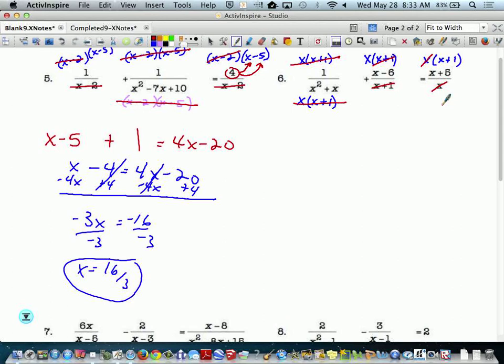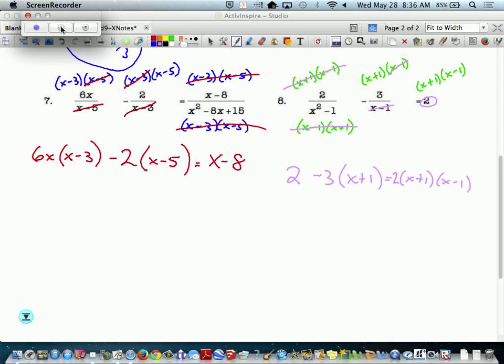So to solve this one, you're doing 1 plus x times x minus 6 equals x plus 1 times x plus 5. So I'm going to leave it there. You can finish it. Now, some of you are just sitting around waiting for us to do the work for you. So solve these three.